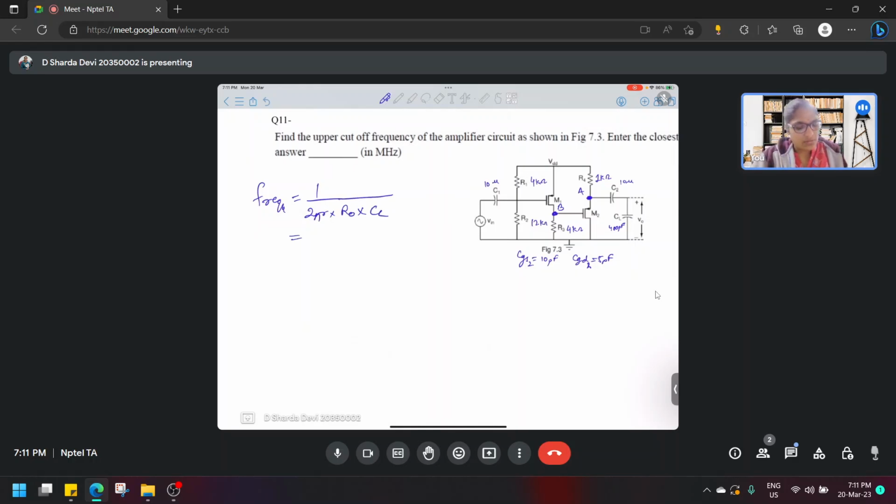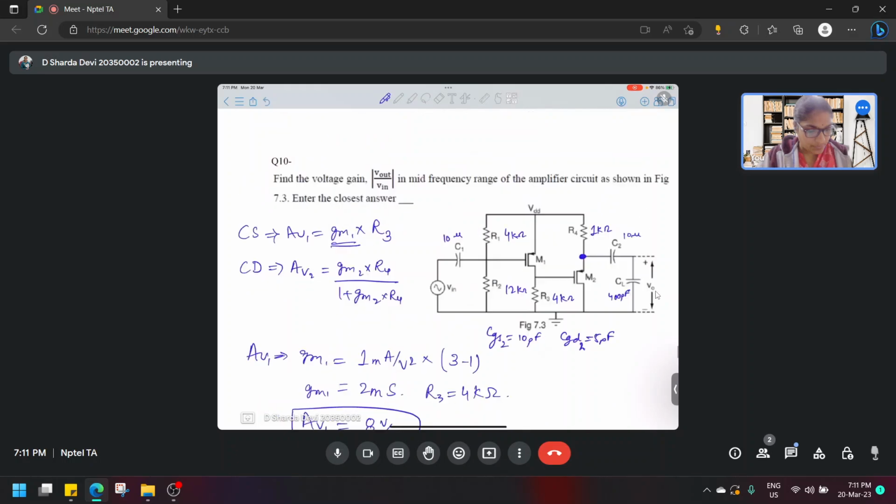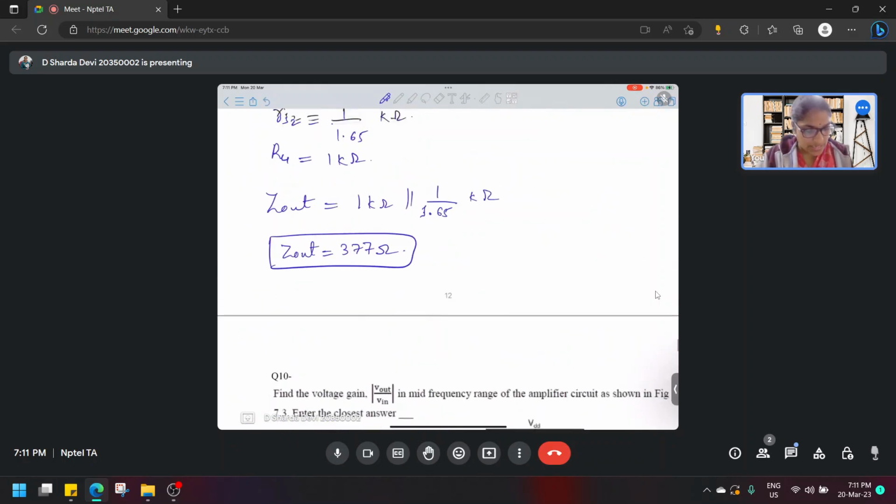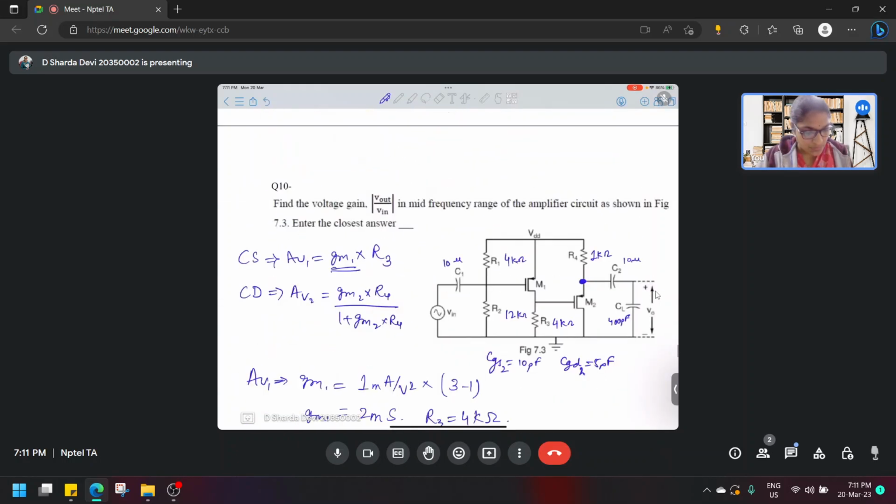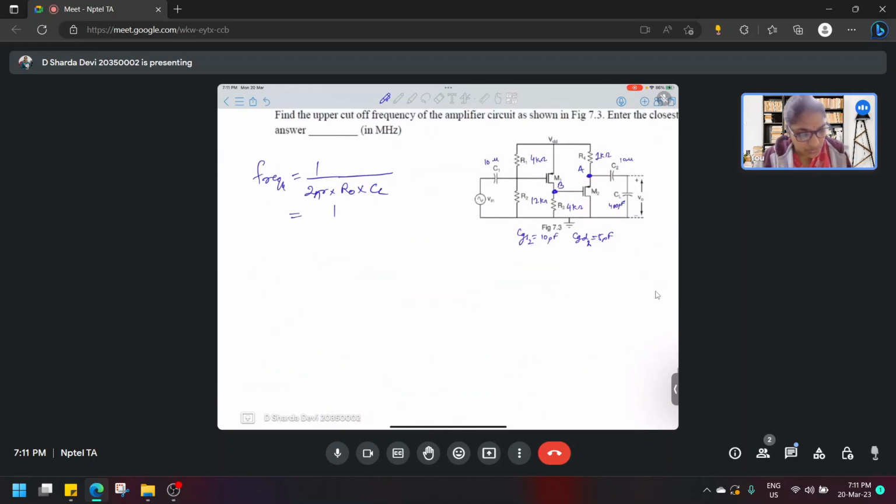We have found Z out, it was 377 ohms. So 1 upon 2 pi into 377 into 400 picofarad. This frequency at A turns out to be 1.06 megahertz.